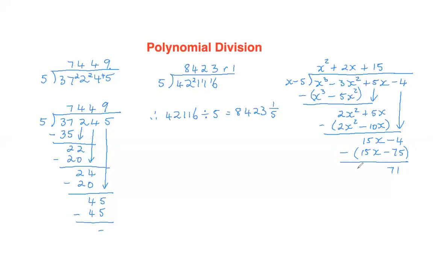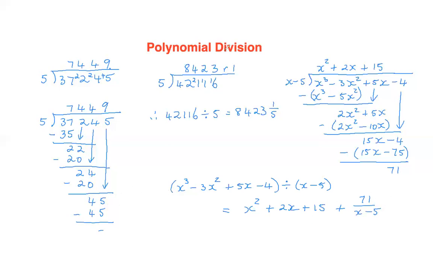So the way that we interpret that now is I could say that the original cubic function, x cubed minus 3x squared plus 5x minus 4, divided by x minus 5 is equal to x squared plus 2x plus 15 plus 71 over x minus 5.